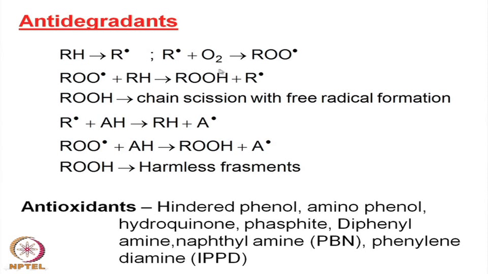This is again more reactive, more harmful than the R radical or peroxy radical. It forms hydroperoxide as well as generating one more free radical. So, a chain of reactions is initiated, which gradually increases in rate and in the concentration of radicals, and that leads to chain scission, breakage of the polymer chain, rubber chain, with free radical formation.